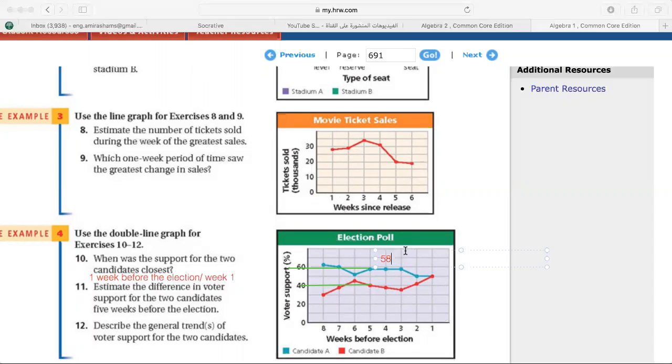58, 59, no problem. Okay. And here I have the red, which is B. In the 5th week, it is on 40.